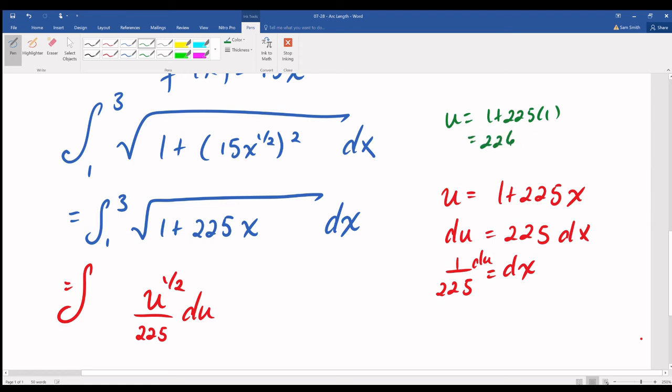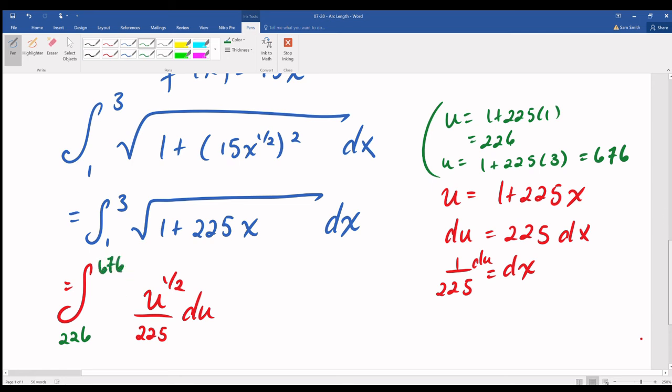And if x is equal to 3, then u is equal to 1 plus 225 times 3, which is 676. So here is 226, here is 676, the u limits.